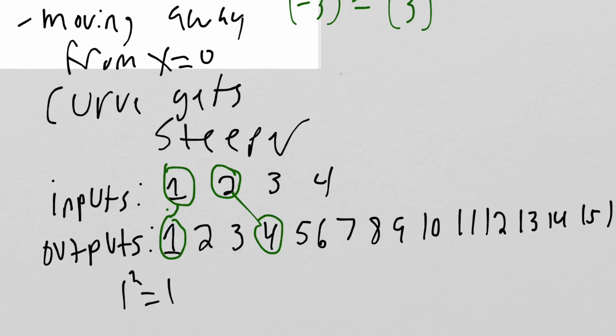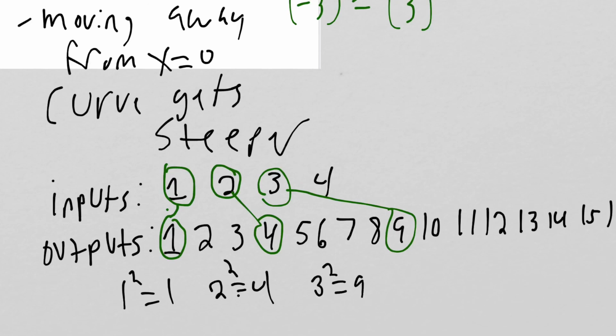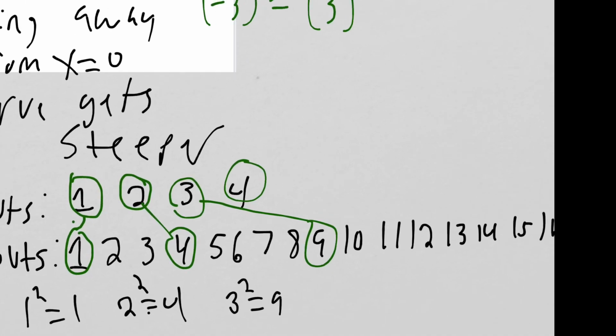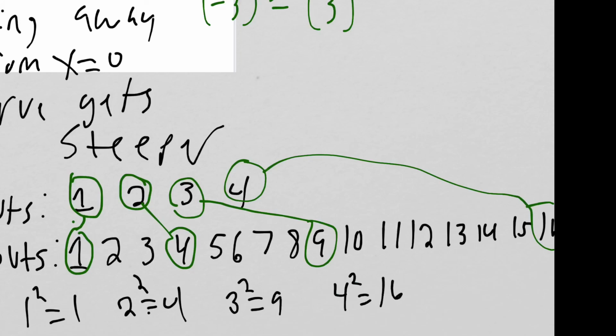What about input 3? Where does that go? Well, that goes all the way over here to 9. So 3 squared equals 9. Okay, what about input 4? Input 4 goes all the way over here to output 16, because 4 squared equals 16.